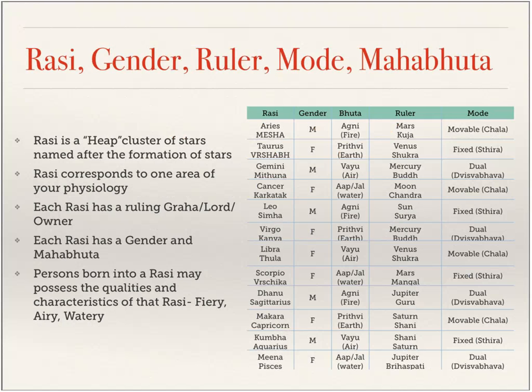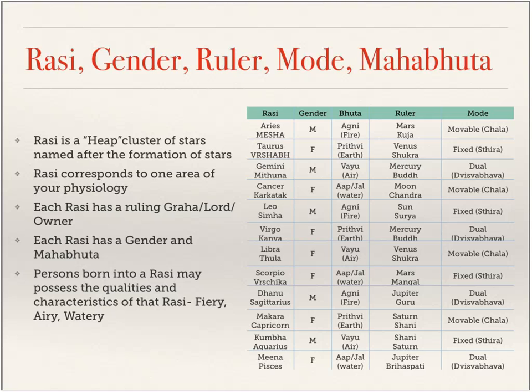Okay, so getting into this a little bit more in detail, Rashi refers to a heap or a cluster of stars. It's named after the formation of stars such as Aries, Taurus, Gemini, Cancer, etc. What I'd like for you all to start to understand is the symbology. What is Mesha? What is the symbol for Aries? What is the symbol for Taurus? What is the symbol for Gemini?